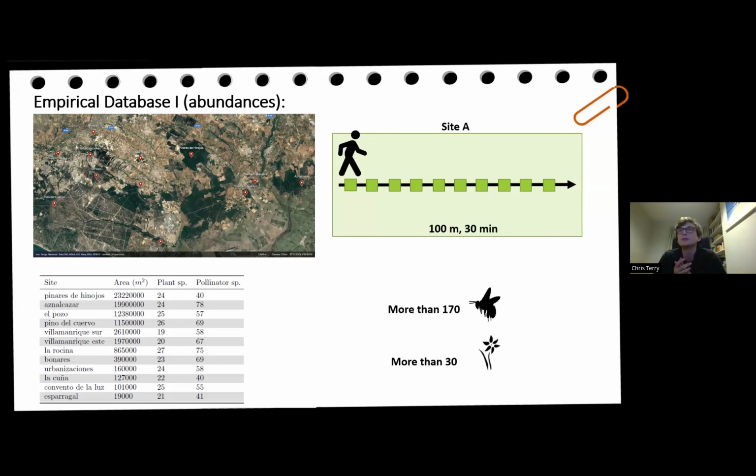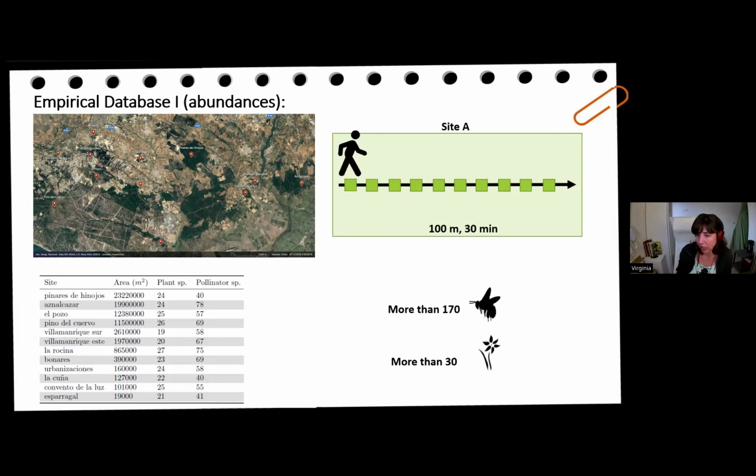I'm not sure, but what this is showing is the number of species that has been detected in each site. Even the smaller sites are similar to those that are larger. And actually, we don't see any trend of richness of plants or pollinators with the patch size, which was kind of surprising.